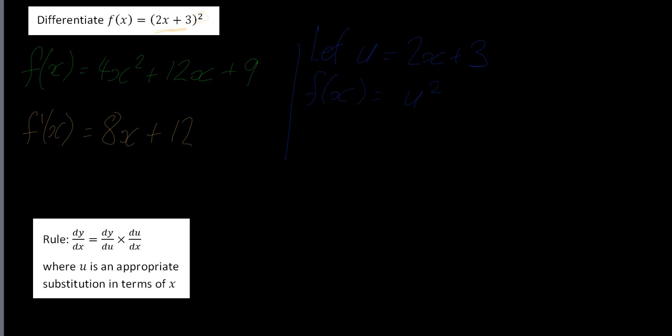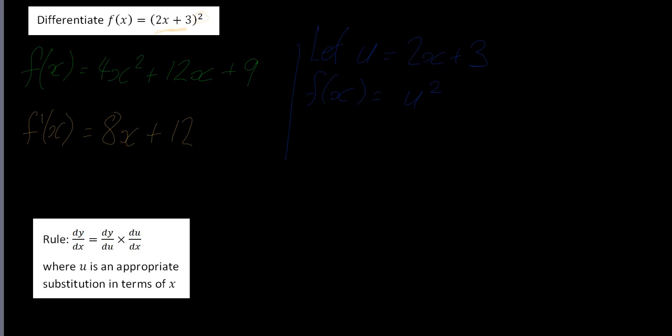So over here, if you have the derivative with respect to u, it's quite simple to do, isn't it? You can easily see that with respect to u, it's just going to be 2u. But remember that dy dx is going to be the product of this function with respect to u. So let's do this one by one.